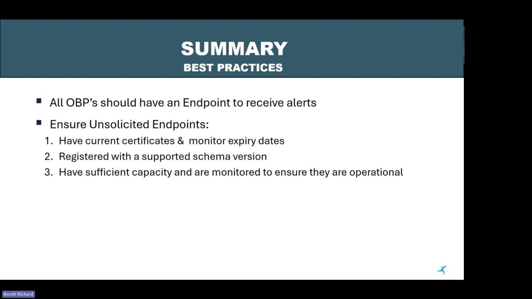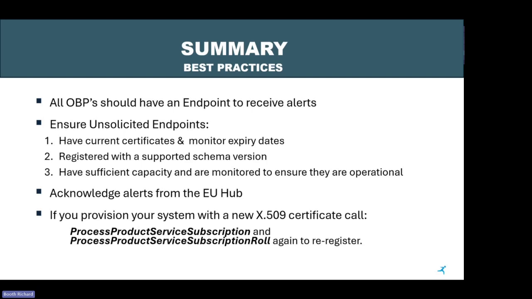Remember that you do need to update your endpoint when you update your main system, if you're renewing a certificate. Make sure it's registered with a supported schema version and check that capacity. Do ensure you acknowledge alerts from the hub so the hub knows that you've got that alert. And if you update your certificate, do the subscription and the subscription role again to re-register.